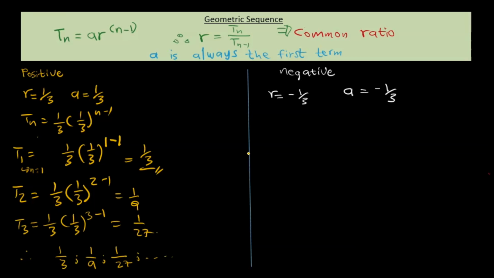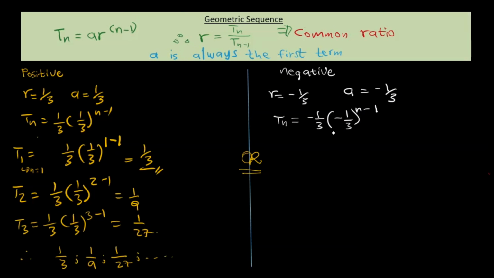Or, there's a big "or" here, right? When you have negative values, you do the same thing. The general nth term, in this case, is going to be negative 1 over 3, times negative 1 over 3, to the power of n minus 1.